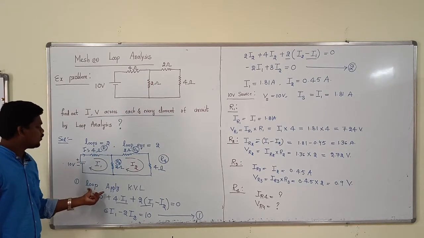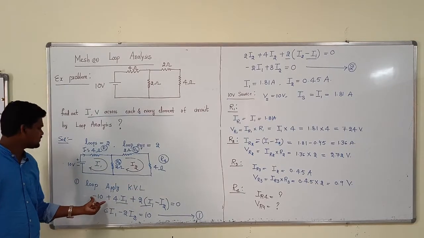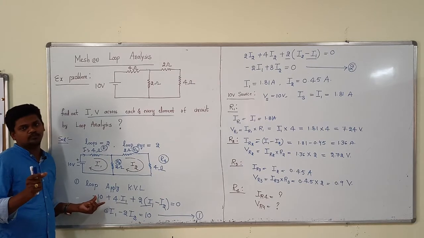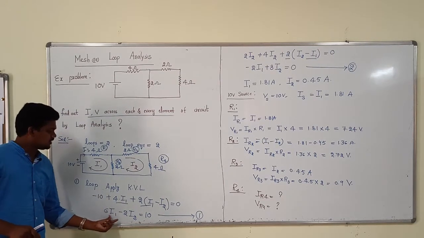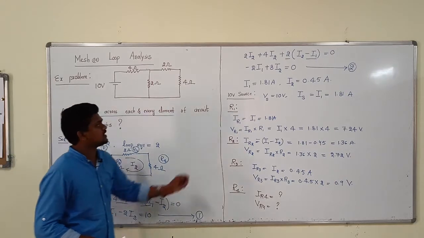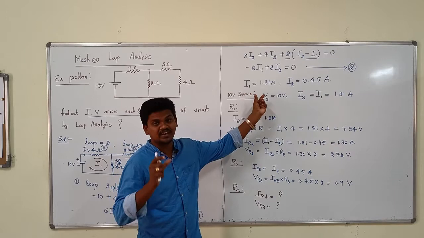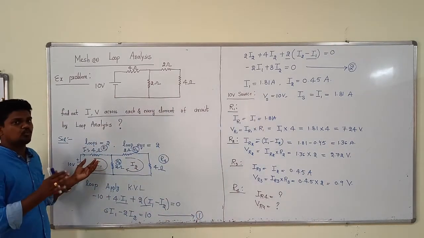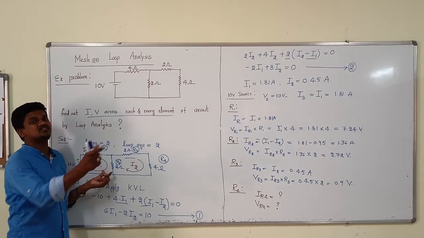Then apply the KVL, the next step. KVL means the sum of voltages in a loop, in a mesh, is 0. Then you will get one equation and another equation. By solving these 2 equations, we will find I1 and I2. Now we have to compare these currents with the currents and voltages of each and every element.